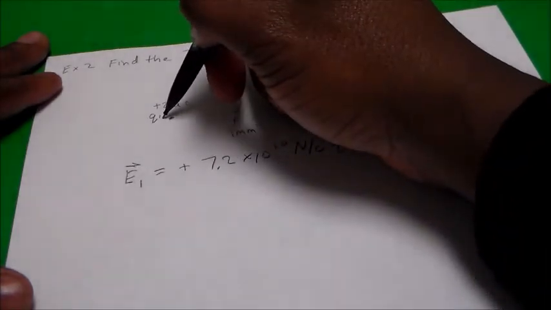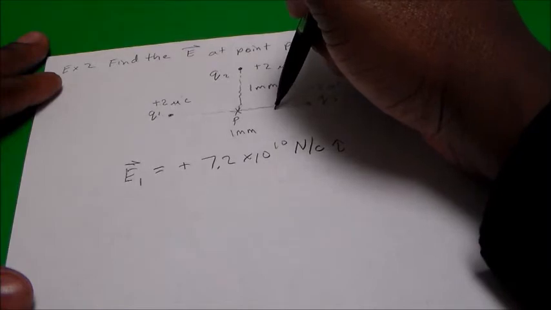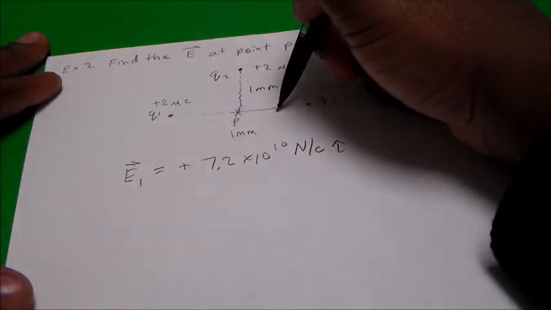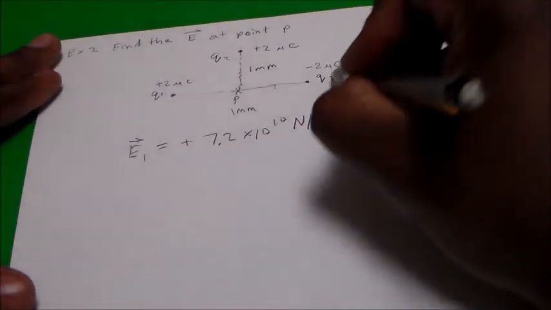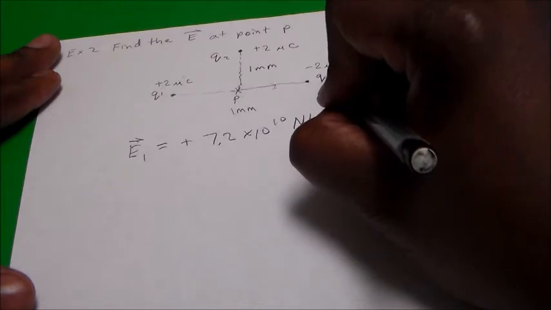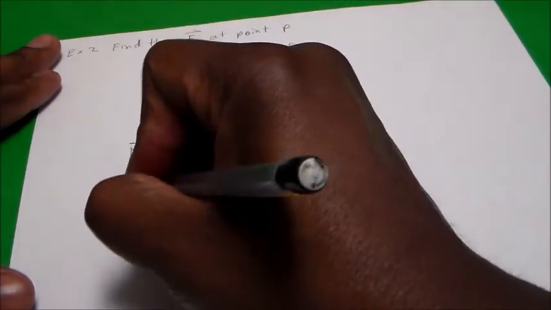Because going away from E1 here, it's going to be going in the positive x direction. Now we switch the label here. Q2 is in this position, if you remember correctly, but now we labeled it as being Q3.